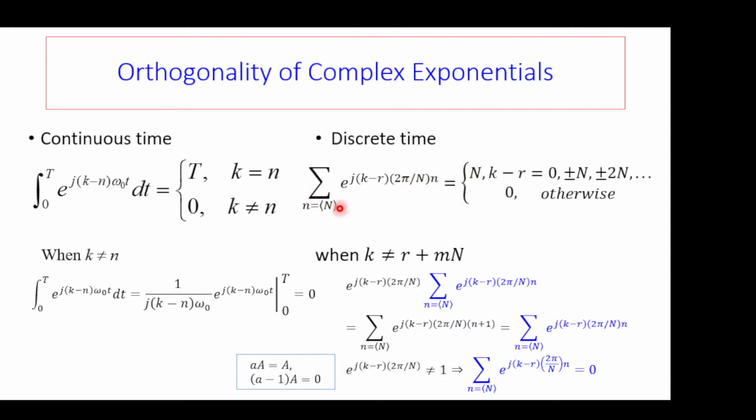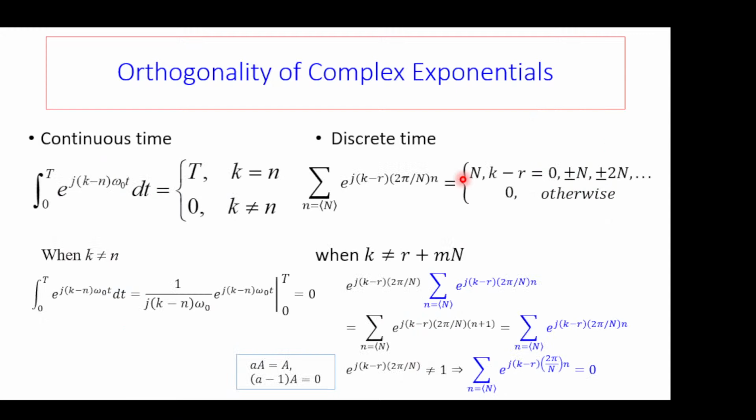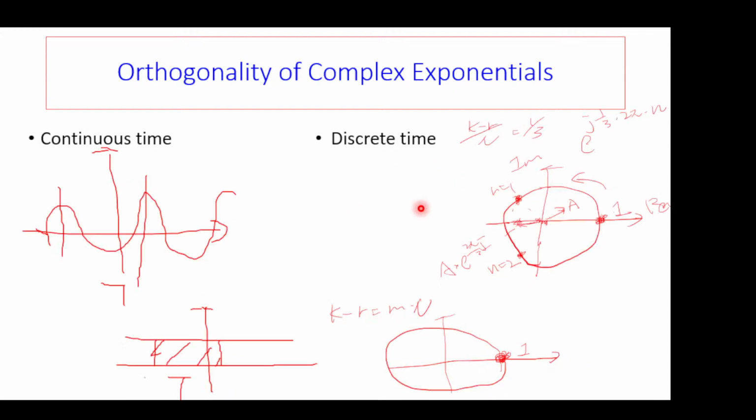Anyway, if you have a harmonic e^(jkω₀n) and a harmonic e^(jrω₀n), and you take the inner product, you see that it is zero unless k minus r is an integer multiple of N. And we have an intuitive picture to see this, because if k is not equal to r, then you are summing over equipartition points on a circle in the complex plane.